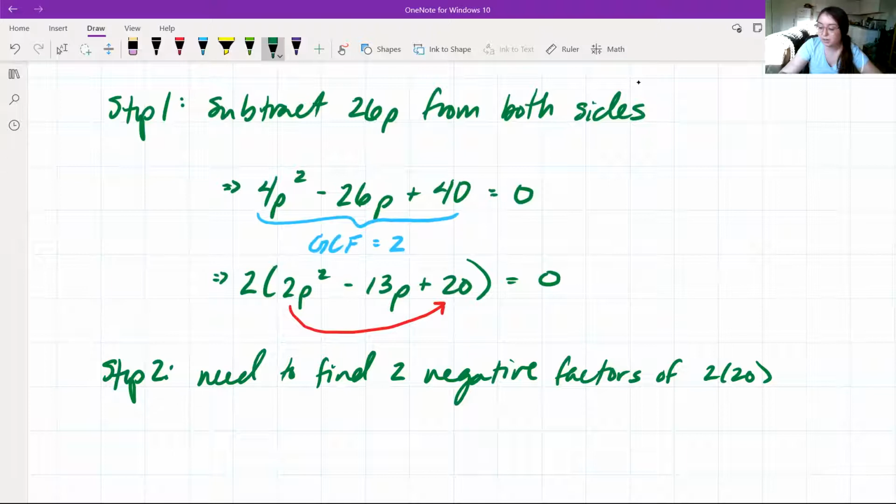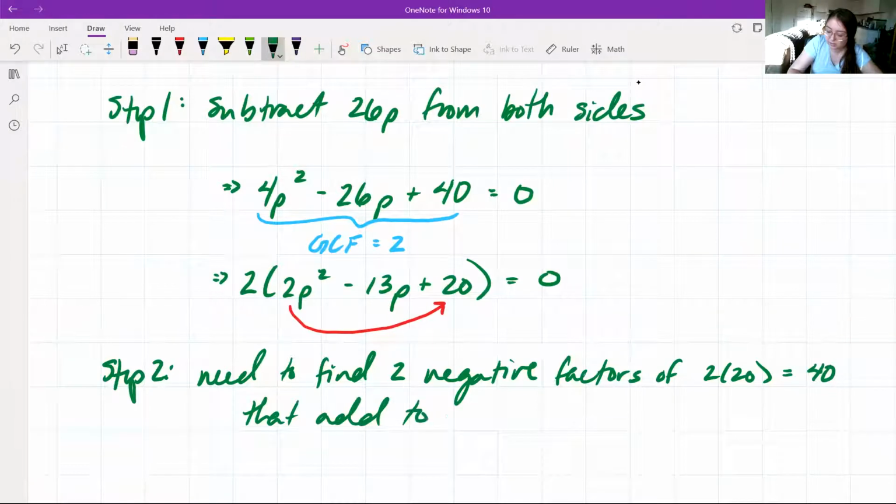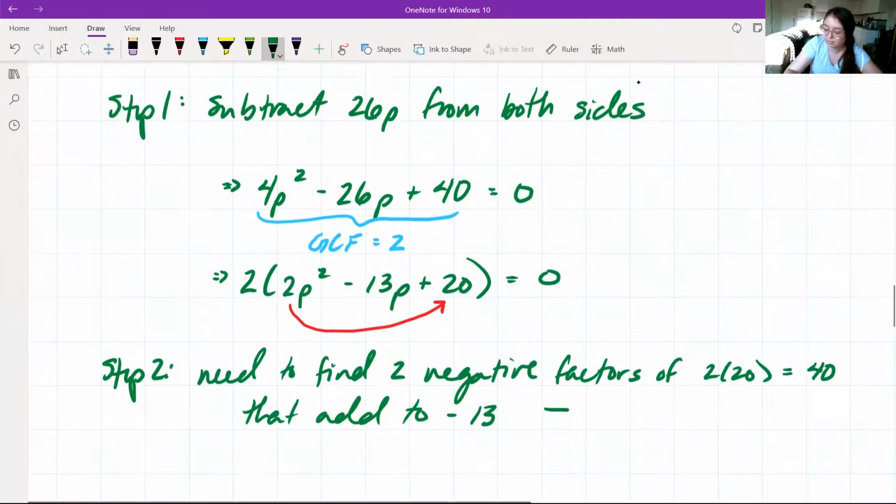So we need to find 2 negative factors of 2 times 20, which is 40, that add to negative 13. And these numbers are going to be negative 8 and negative 5.